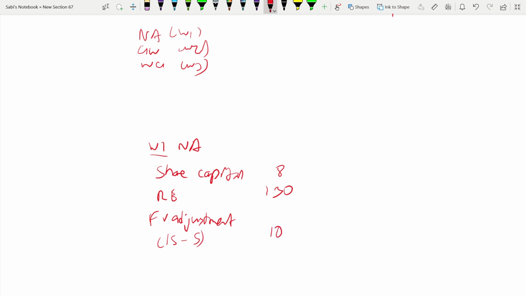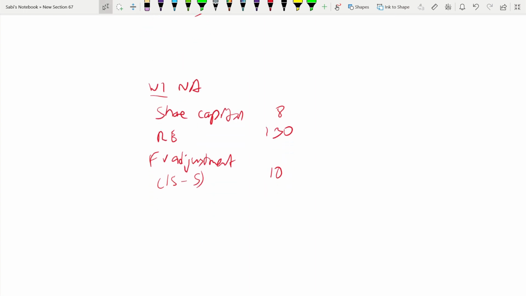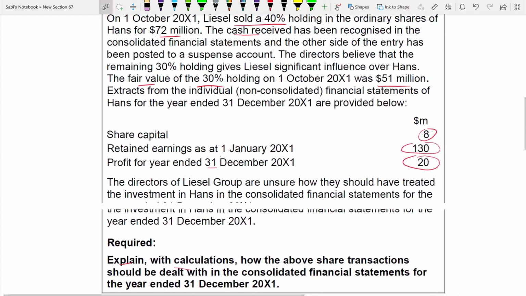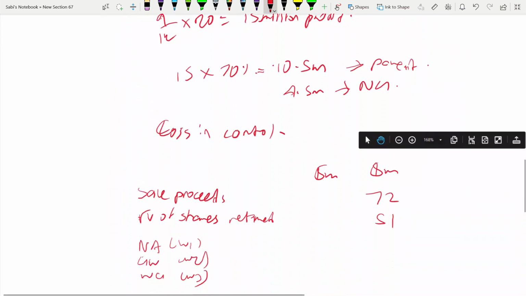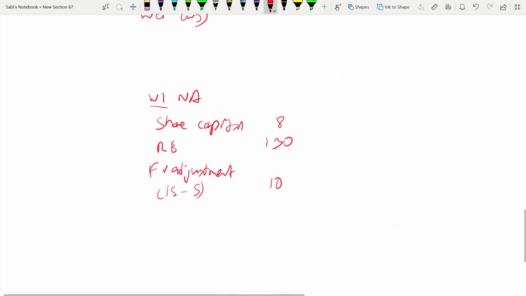What's next? Profit to disposal. Once you have disposed, remember this profit 20, you only have to take 9 months of it. This profit also will come there.